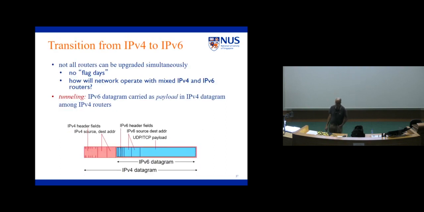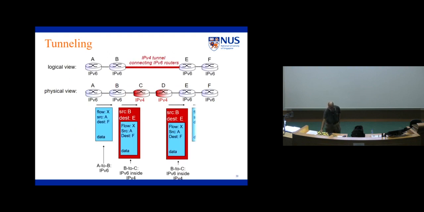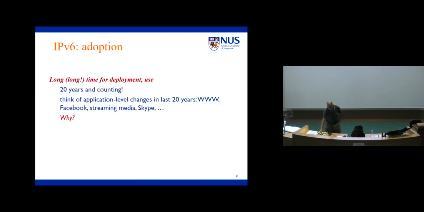And then the last thing we saw was that when you have a mix of IPv4 and IPv6 routers, in order for things to coexist, we encapsulate IPv6 packets into IPv4 packets to traverse the IPv4 routers.